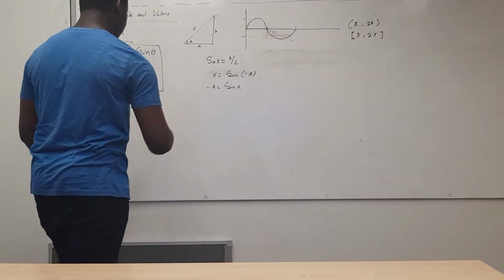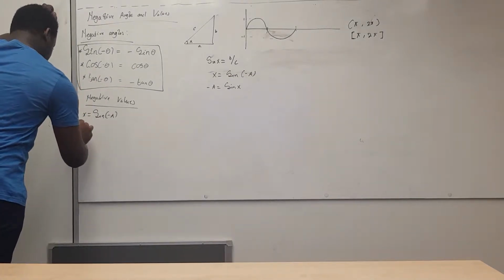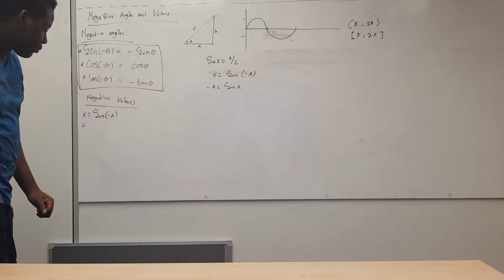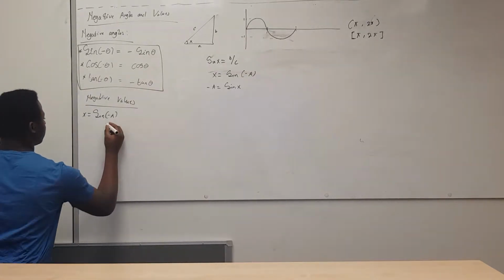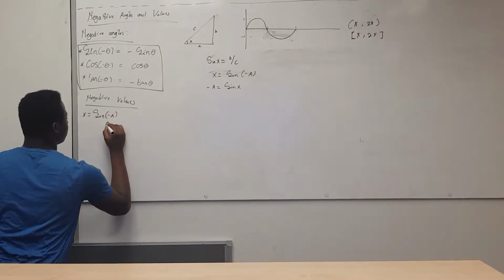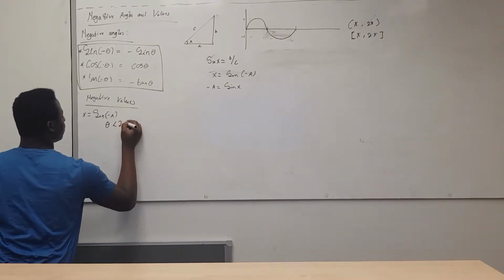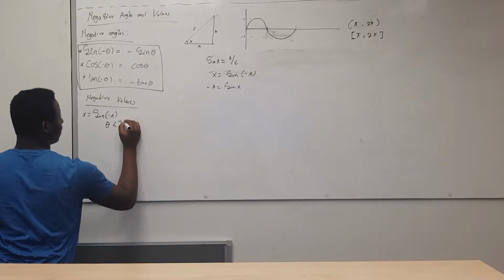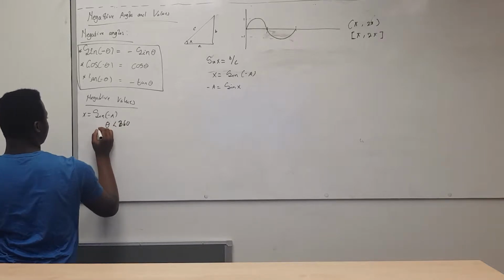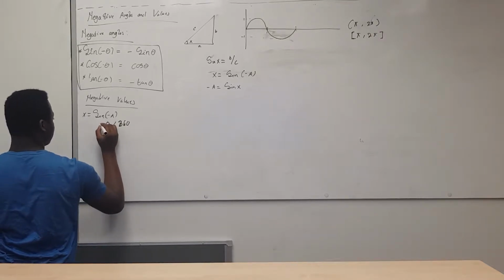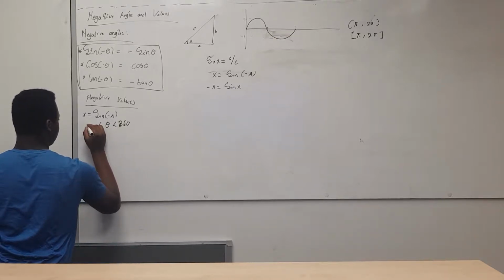So, in order for this to be true, our angles have to range such that theta should be less than 360 and greater than 180.